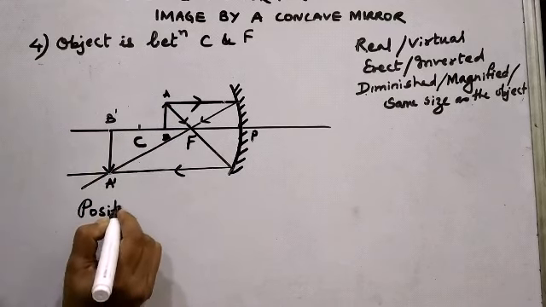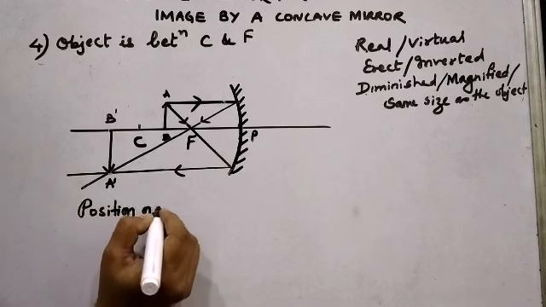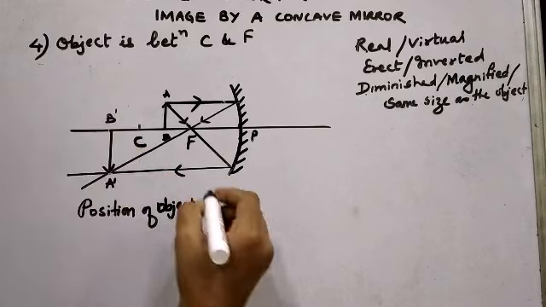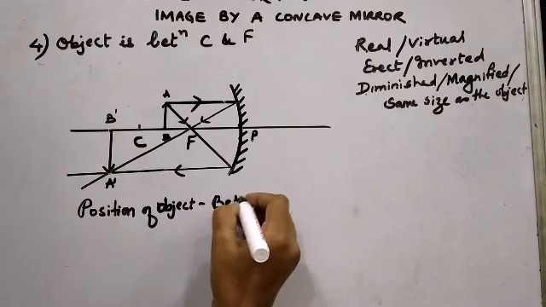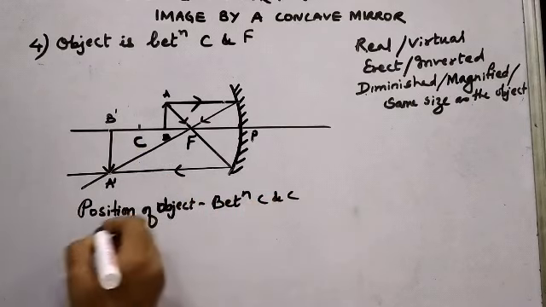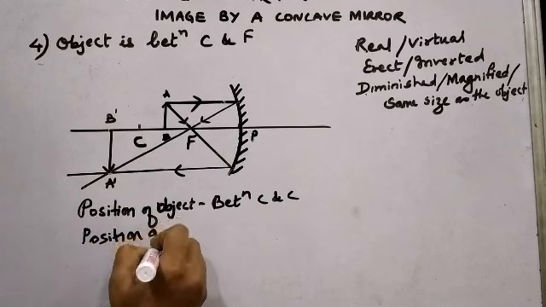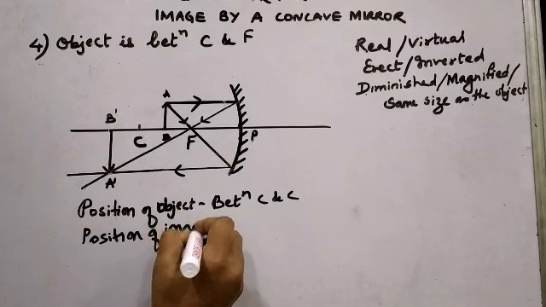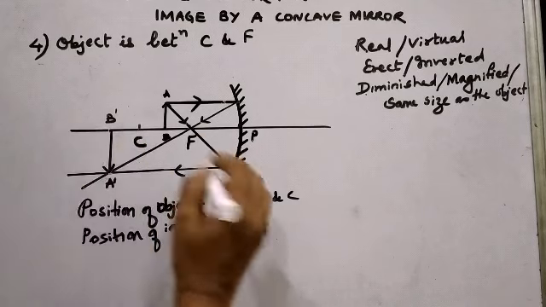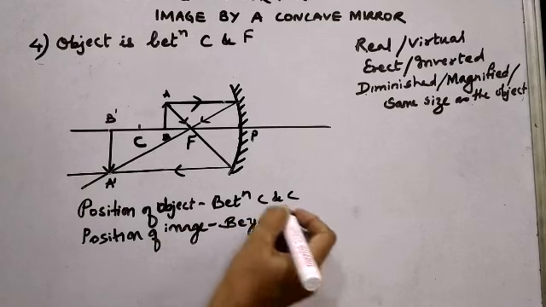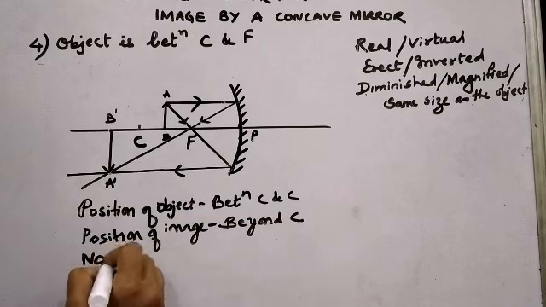So let us describe the image. First let us write down position of object. Object is anywhere between C and F. Position of image. You see the image is formed beyond the center of curvature. So image formation is beyond C. Nature of image.